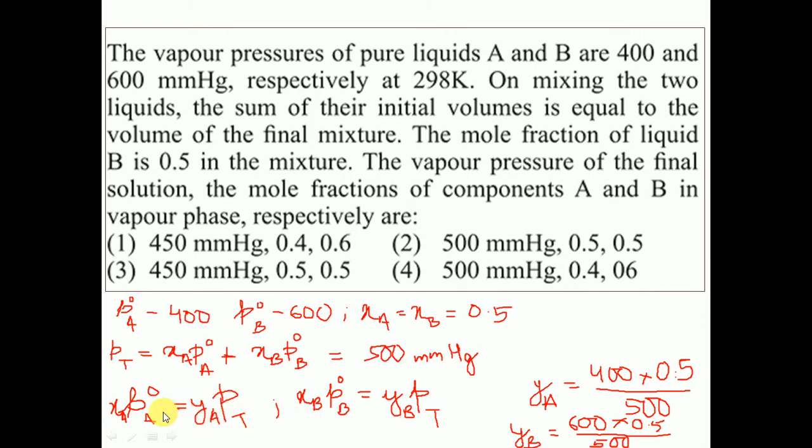So from this relation we can calculate YA and YB, which are the mole fractions of components A and B in the vapor phase, right? So now we have P total, then we have XA and P naught A, so we can calculate YA. Substituting the values, we will get YA as 0.4.